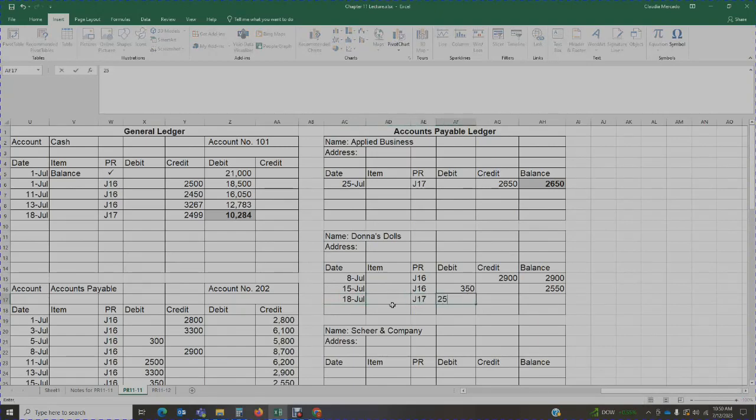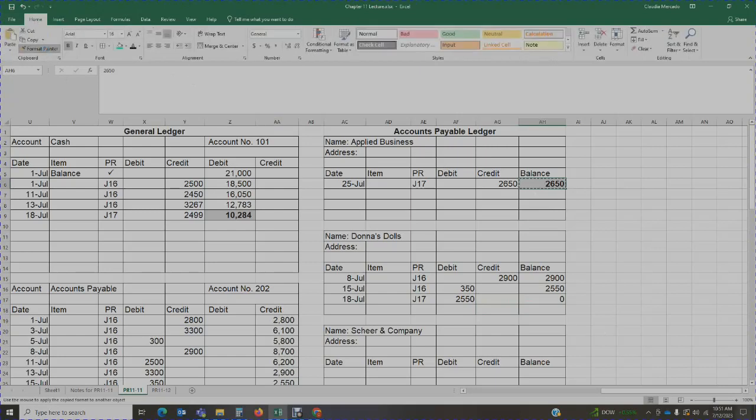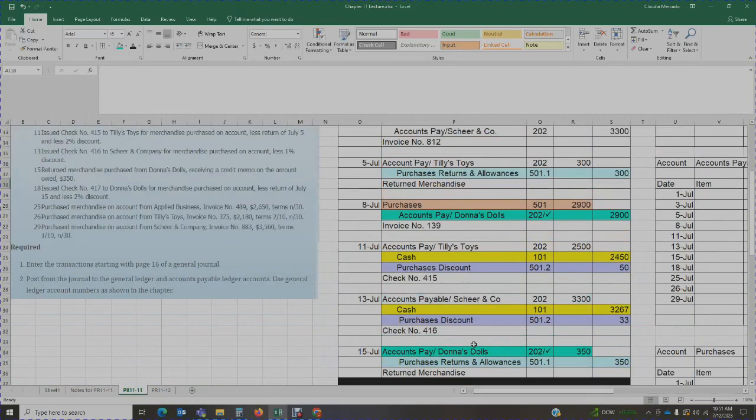And I've got a debit of 2,550. Therefore, my balance will be 0. Okay. So Donna's Dolls owes me nothing. Nada. Okay. I'm going to go back and update my ledger right here.